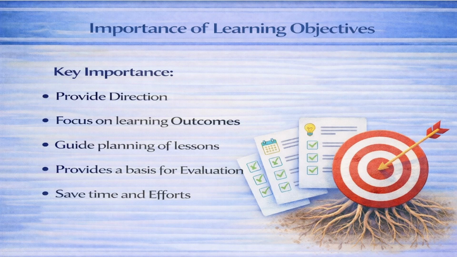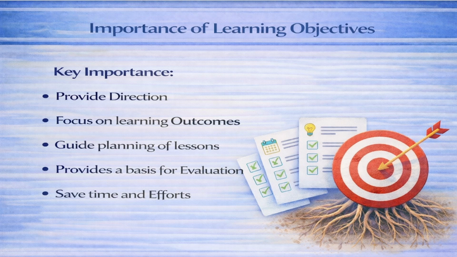Now let's discuss the importance of learning objectives. Some key importance of learning objectives are: the first one is provide direction. This means objectives clearly provide direction to the teacher what to teach, and students are expected what to learn. So likewise, objectives provide direction to teaching and learning.